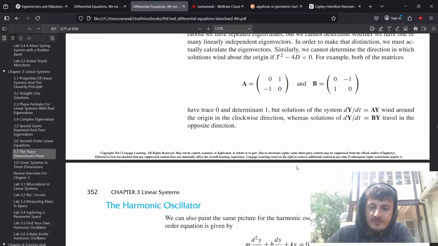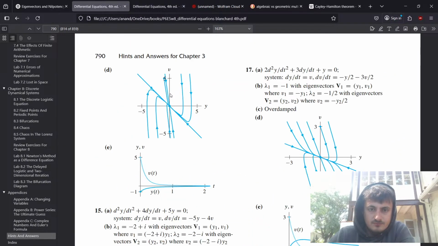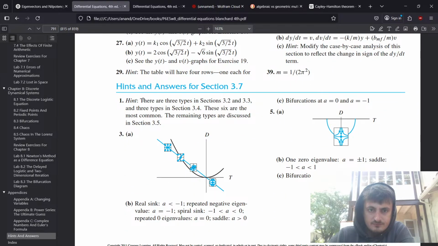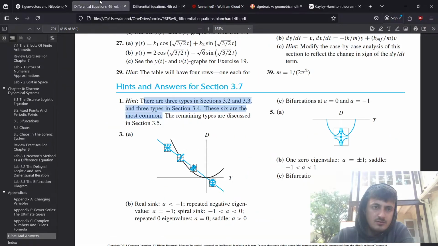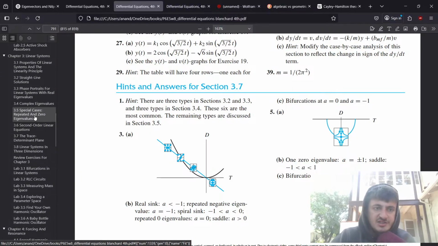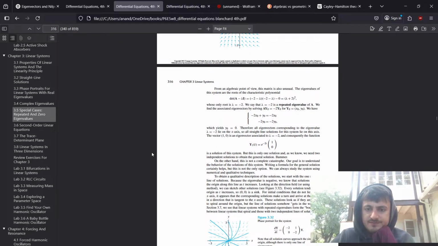We're missing 3 of them. I'm going to go to the answers. They probably don't even provide the... are discussed in 3.5. We did 3.5, but I don't remember. So we got the repeated eigenvalues.